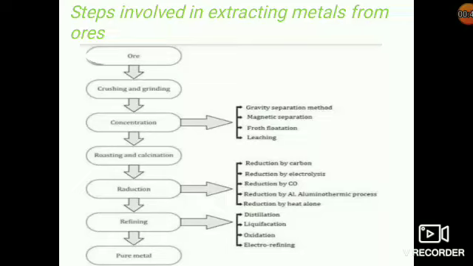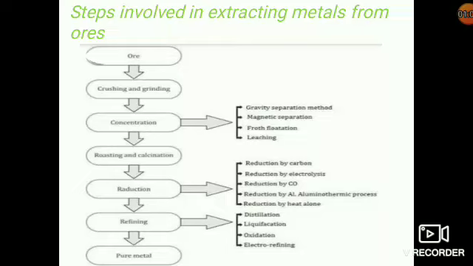That means the concentrated ore is being converted into its oxide by this roasting or calcination process. Next we do reduction. After reduction of the metal oxide ore to the metal, we follow the refining of the metal and then we get the pure metal.